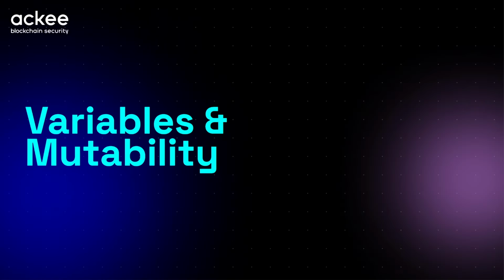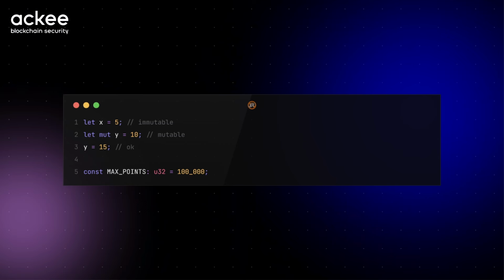We can go straight to the syntax, so we will start with the basics like variables and mutability. In the code, you can see a few lines. The first line defines the variable called x, which will equal 5.